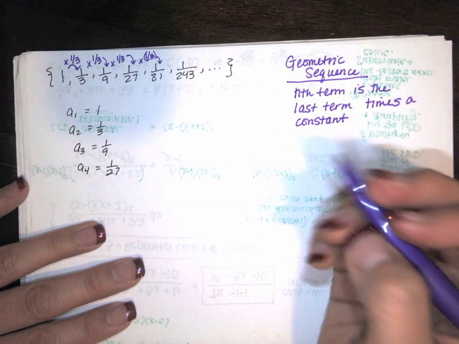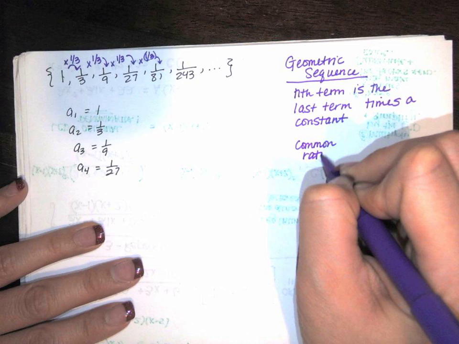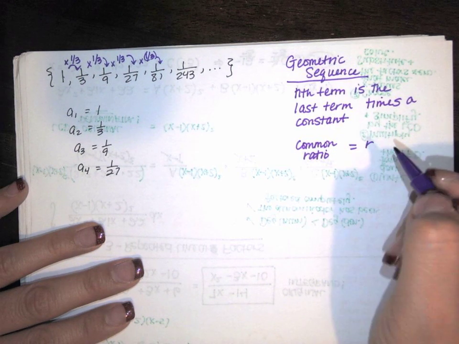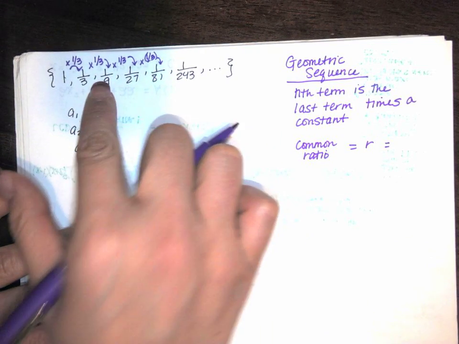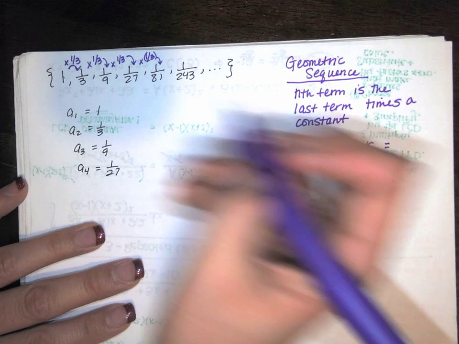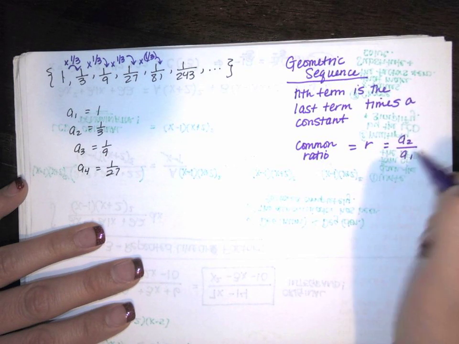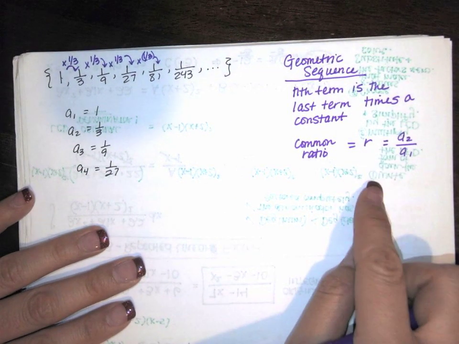And the constant is called the common ratio, typically denoted by the letter R. And you could take any term and divide by the one before it, and that's going to give you the R. I'm just going to use the first two. I take a sub 2 and divide by a sub 1. So 1/3 divided by 1 is 1/3, and that's our common ratio.